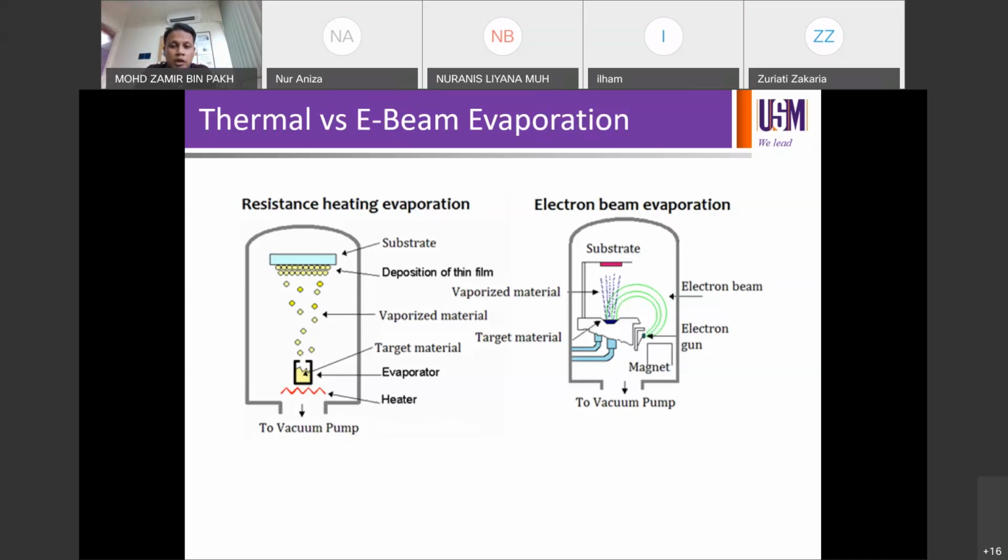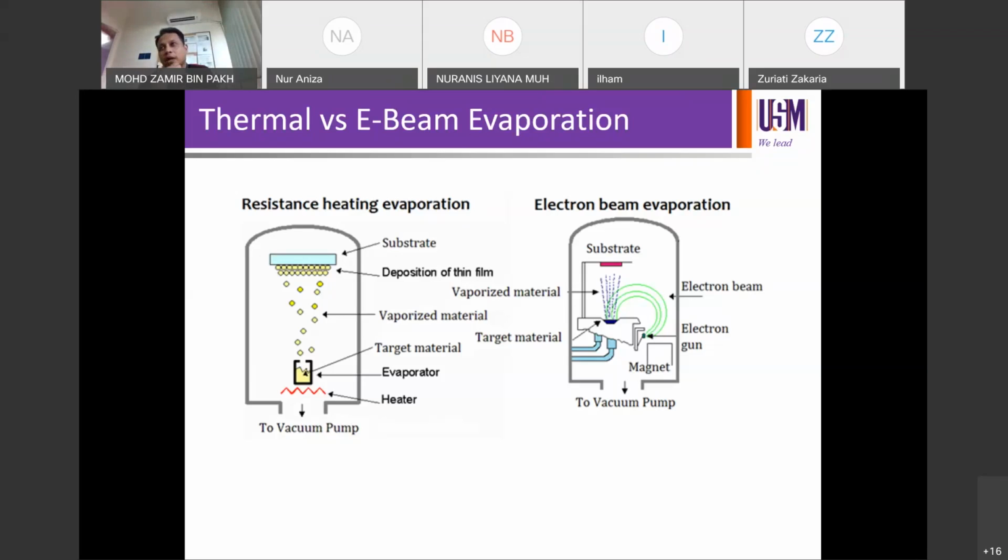evaporation process. So both processes are considered line of sight deposition, right? Evaporation is a line of sight deposition. So you need to make sure that your samples are perpendicular to the precursor holder, your source. It's the same with electron beam: you have to make sure that your precursor is aligned to your substrate or to your wafers as well.